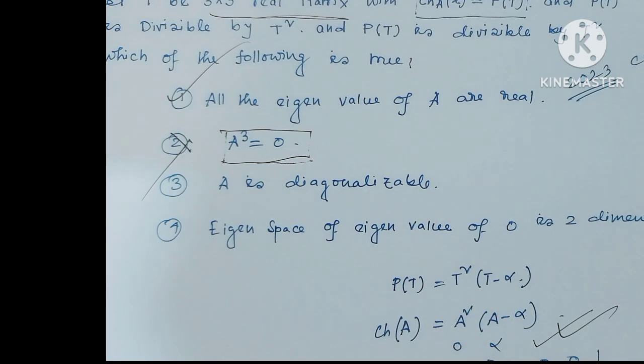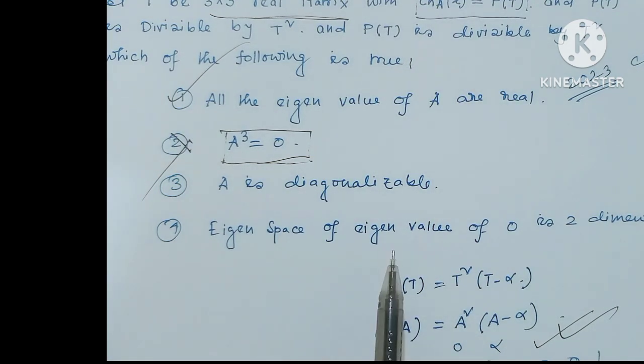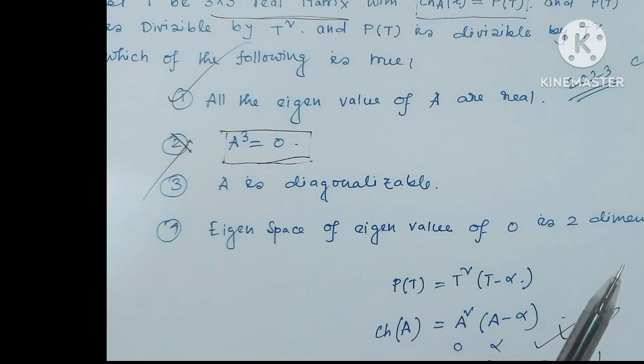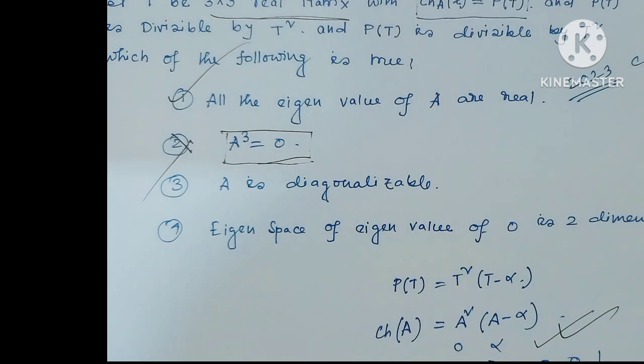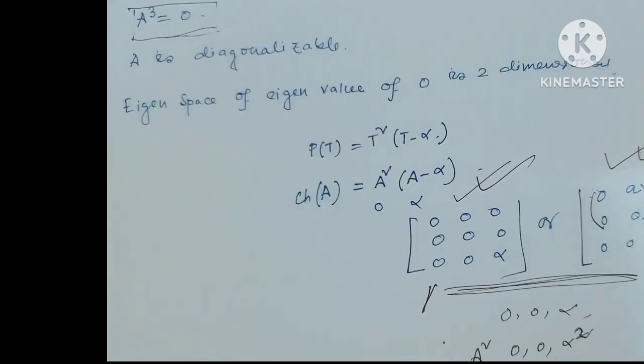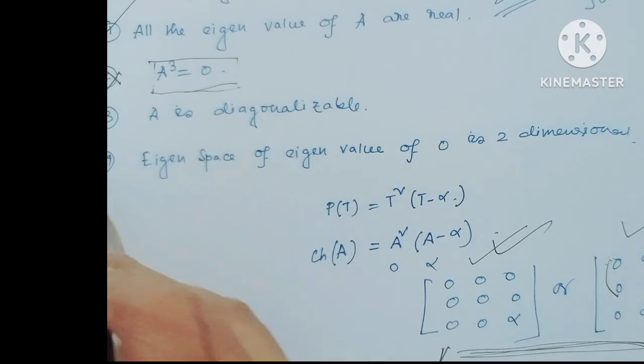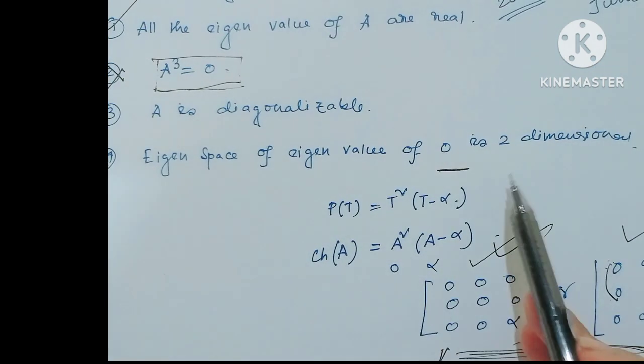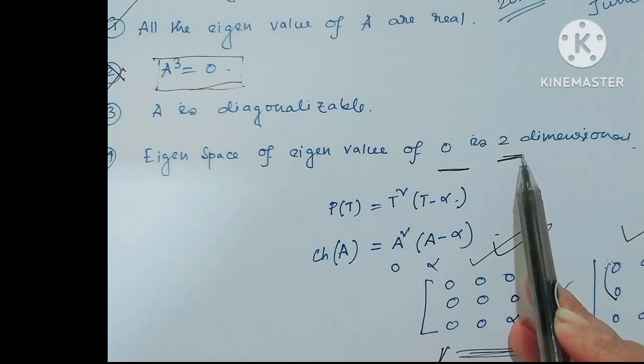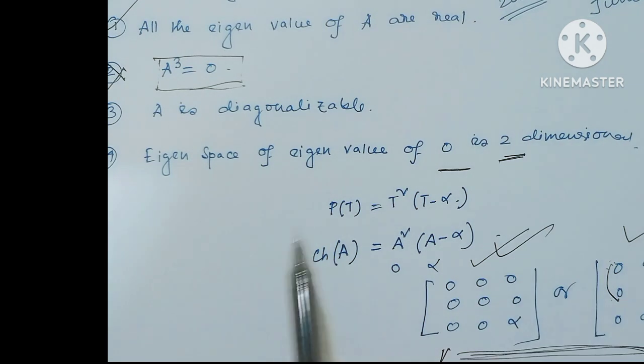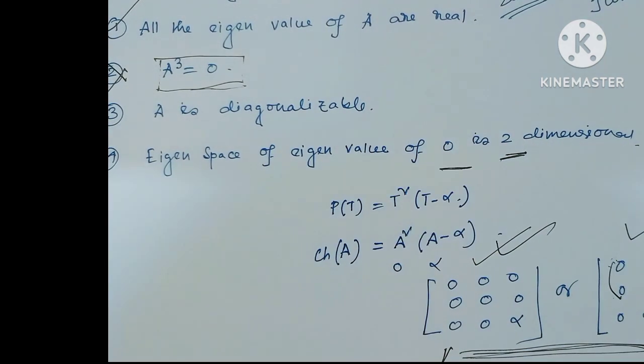Option 3 is A is diagonalizable, and option 4 is the eigenspace of the eigenvalue 0 is two dimensional. For this, we first have to look at the fourth option. Here we have to find the geometric multiplicity, because the eigenspace of 0 means geometric multiplicity.